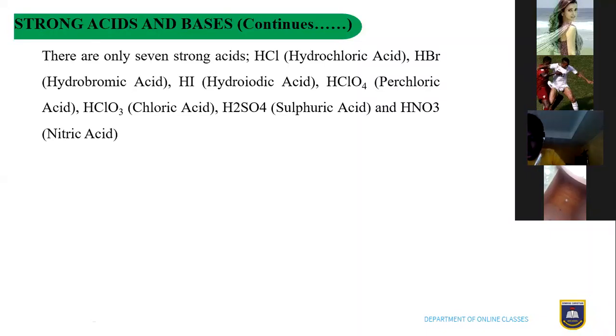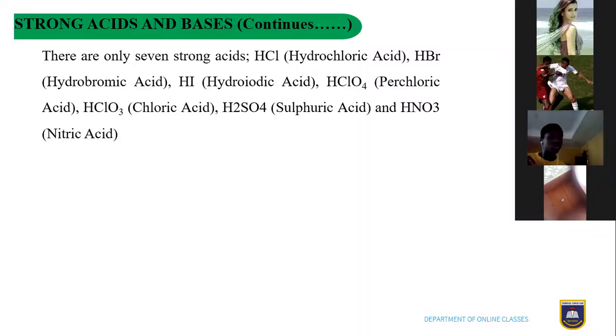There they are on your screens. These are the only 7 strong acids we have in chemistry. All other acids apart from this are weak acids. HCl, HBr, HI. HCl called hydrochloric acid, HBr called hydrobromic acid, HI called hydroiodic acid.